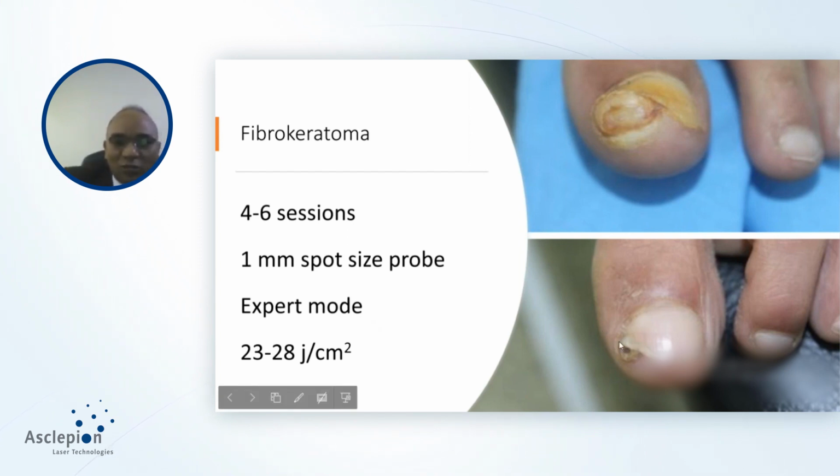The tumor completely improved after 4 to 6 sessions and left only this crust. Joules used were from 23 to 28 joules per square centimeter. This is an example of a tumor that can be treated by QuadroStarPRO by surgical mode or 1 mm spot size mode.